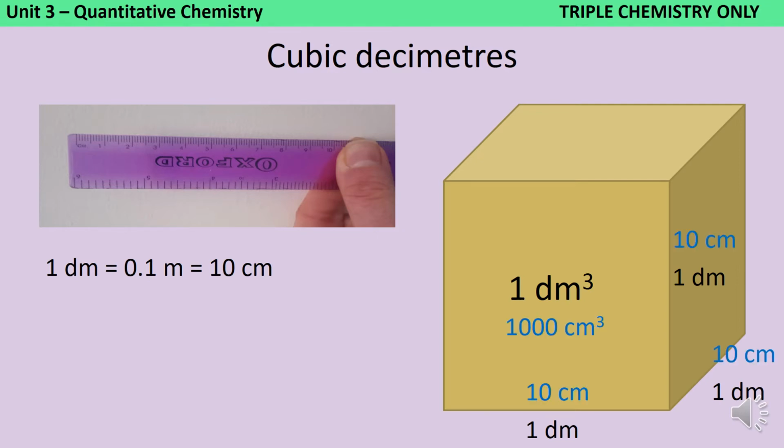Now, if we turned those into centimetres and said that 1 decimetre is the same thing as 10 centimetres, then when I multiplied all of those together, I get a volume of 1,000 centimetres cubed. So we can say that there are 1,000 centimetres cubed inside a decimetre cubed, and there's also 1,000 decimetres cubed inside a metre cubed.